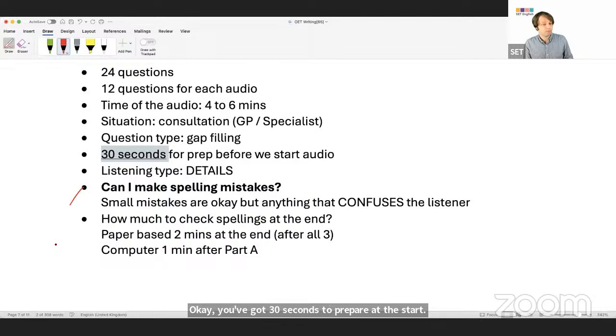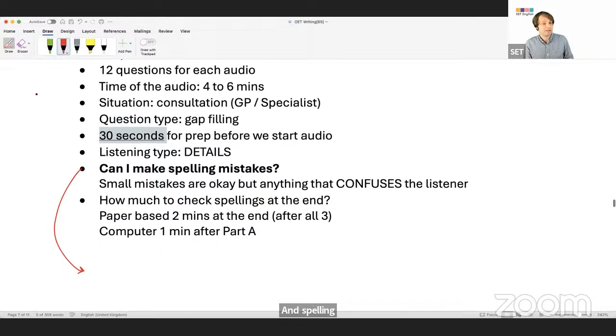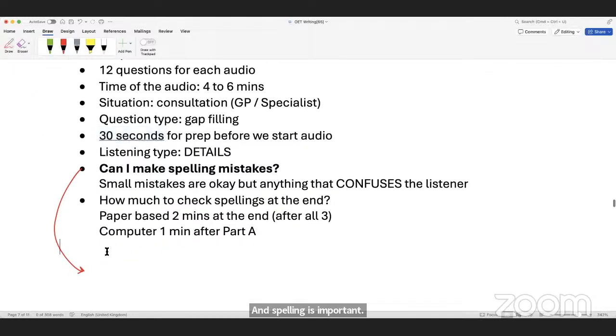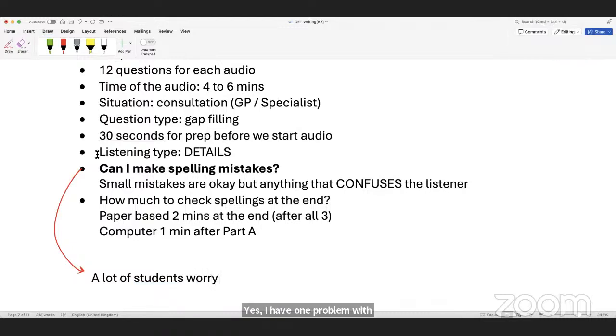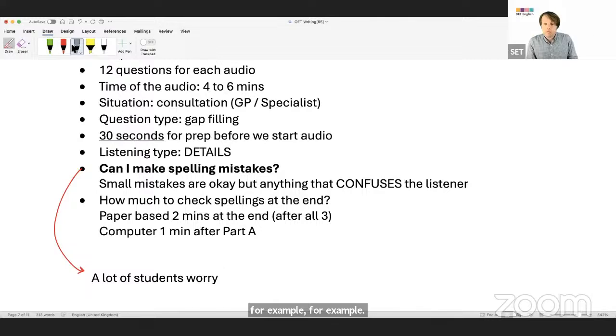Does anyone here have problems with spelling? Yes, I have one problem: singular and plural. That's important, for example, headaches. I think a lot of students worry here. Medications, palpitations. Now Farid, guys, what happens if I get a very big word answer? Should I try and write that in the exam?